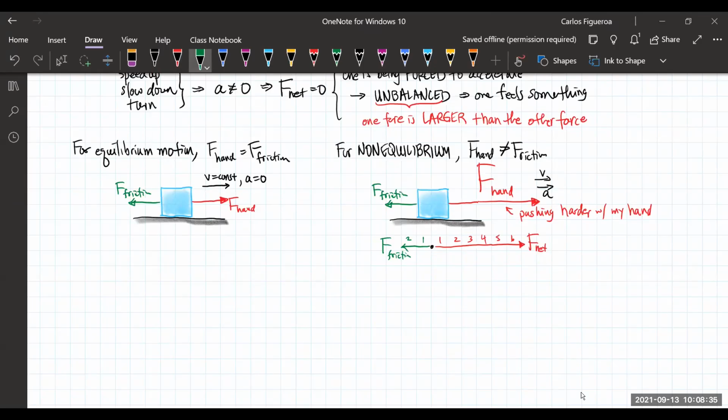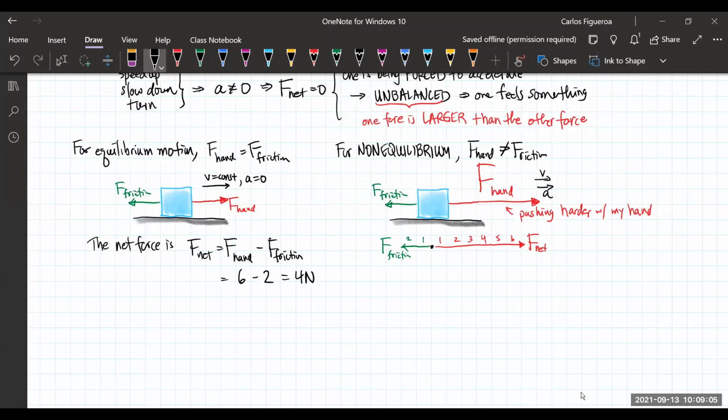Well, the net force in this case has to be the force of my hand minus the force of friction. So what we can see here is that the difference between these two is that the force of the hand is 6, the force of friction is 2, so therefore that's a 2 Newton force.